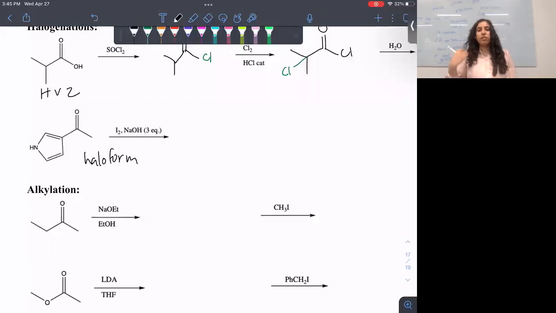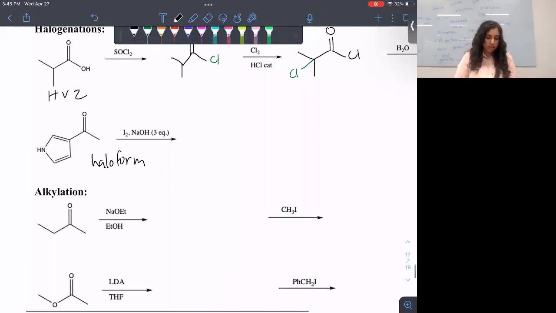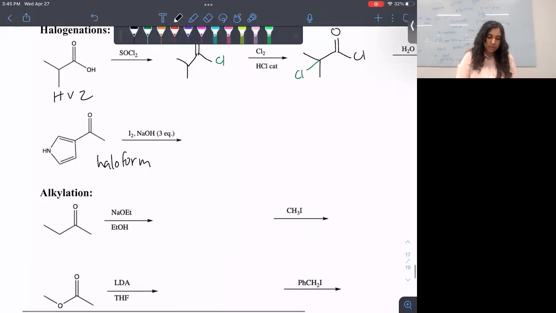With the haloform, you go from a ketone, I think just ketone, to a carboxylate ion plus a haloform functional group. So that happens like this. With the first step, when you're halogenating it, you always have a methyl here for haloform. The methyl has three hydrogens. During the reaction, each hydrogen gets replaced by the halogen.